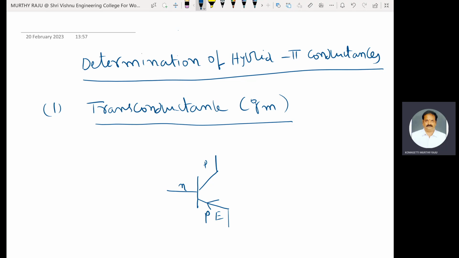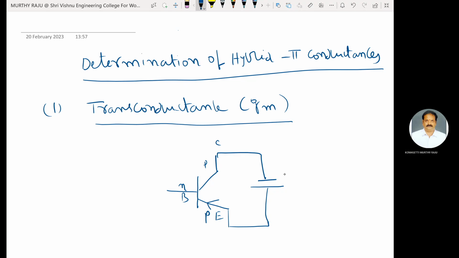This is the emitter, base, collector with VCC bias in the collector circuit. This is the VCC. P is connected to negative, and this one is positive.